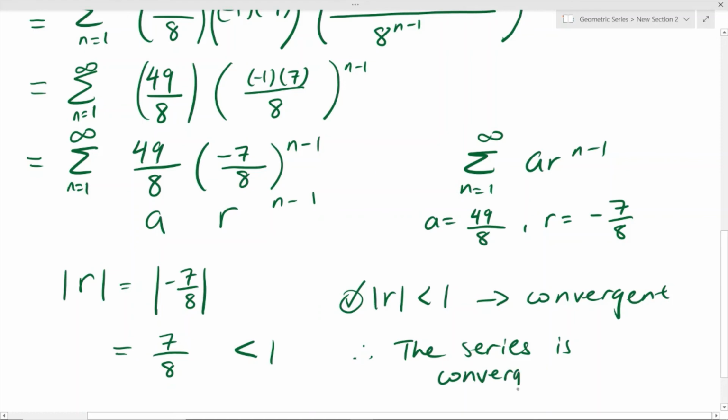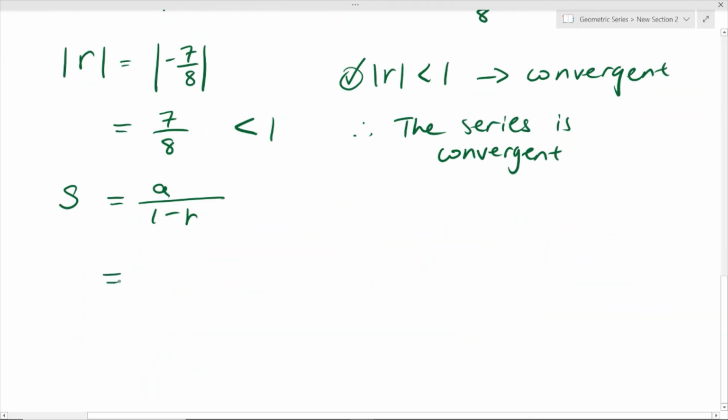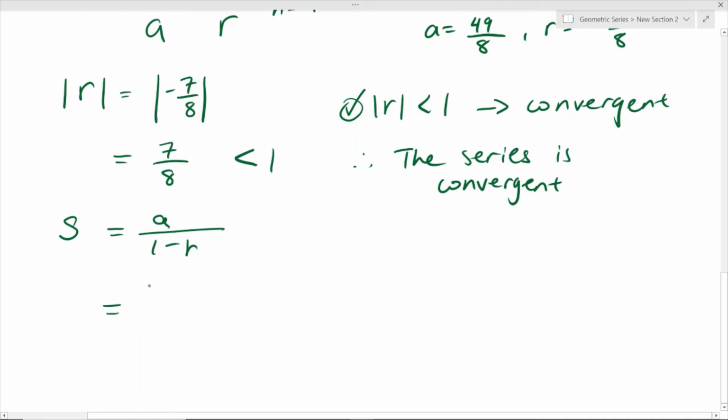And we can also find the sum for this series, right? Because it's convergent, and recall that to find the sum of a geometric series, all we have to do is take this a over 1 minus r. This is the sum s, represented by s. So in this case, our sum is going to be equal to, basically we sub in our a, which is 49 over 8, so we write in 49 over 8 all over 1 minus r.